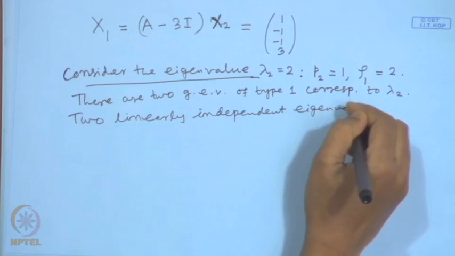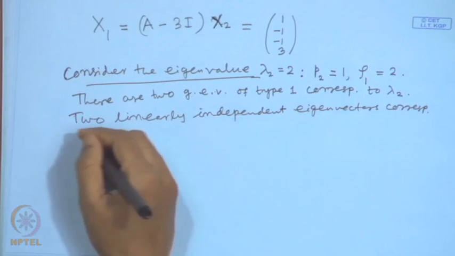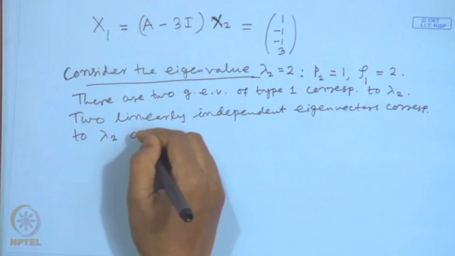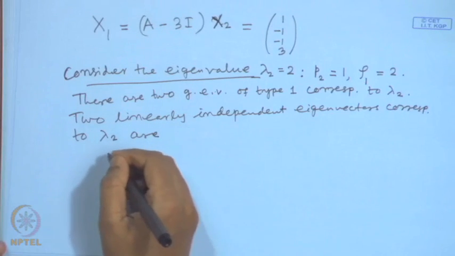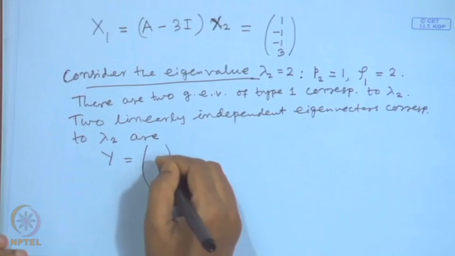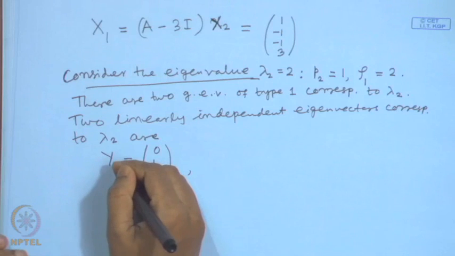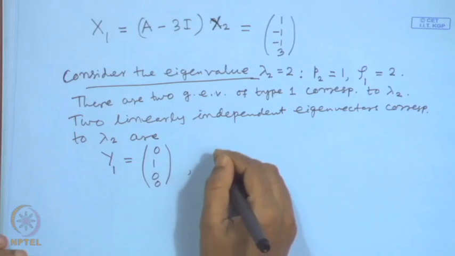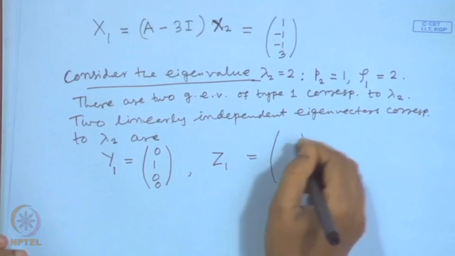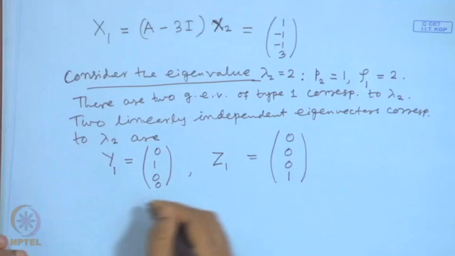One can find them as, say, y 1, which one may take as 0, 1, 0, 0, and z 1, which one can take as 0, 0, 0, 1.